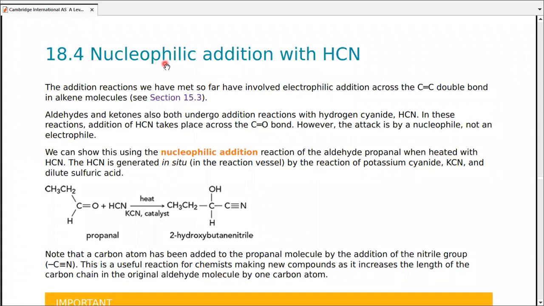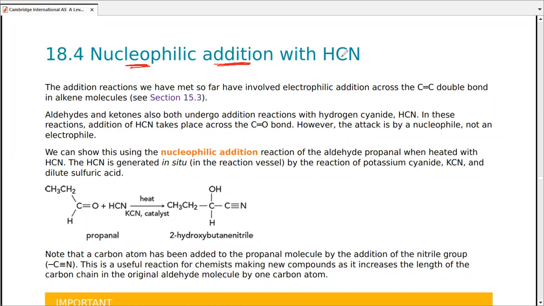Why are we joining the word nucleophilic to addition? As soon as I use the word addition, it means it's going to give you a single product. All addition reactions give you a single product. As soon as I use the word nucleophilic, that means a nucleophile is going to initiate this reaction.